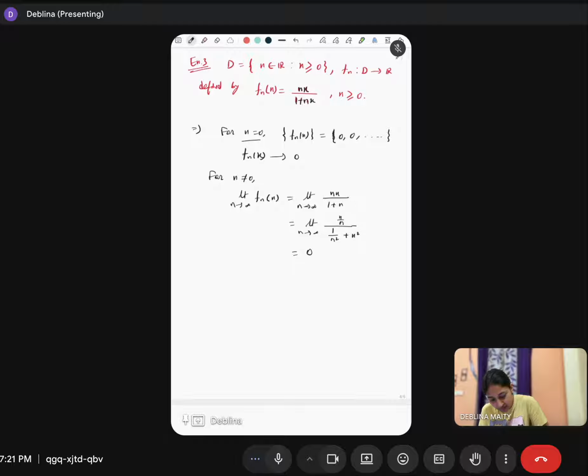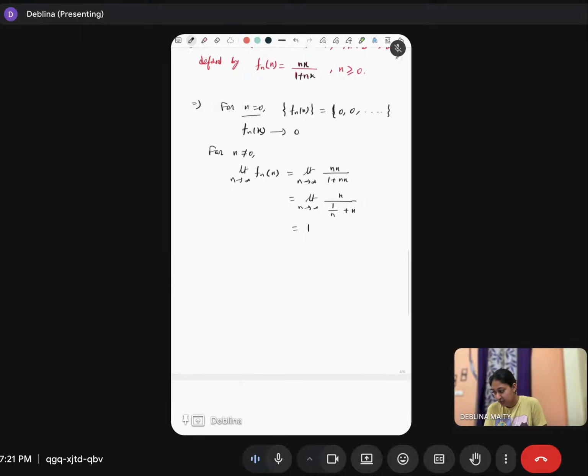So if we divide by n, then we will have x over this one. So now we are getting 1, right? So when x equals 0, fn(x) converges to 0, and when x is non-zero, then fn(x) converges to 1.